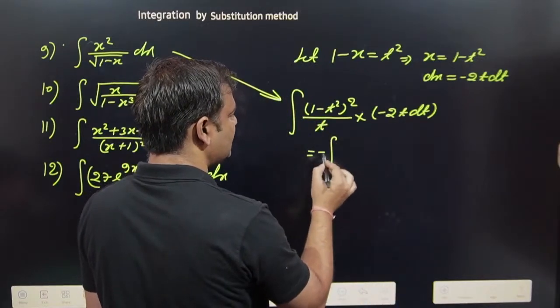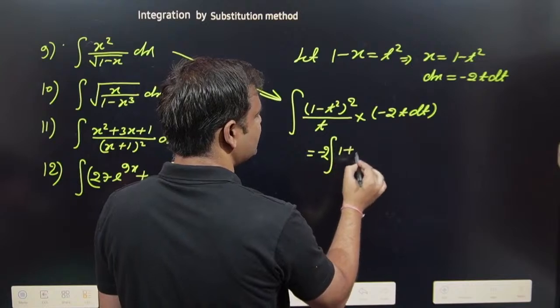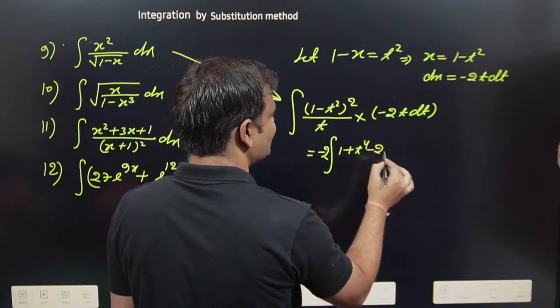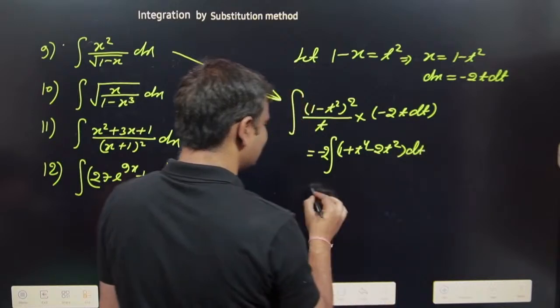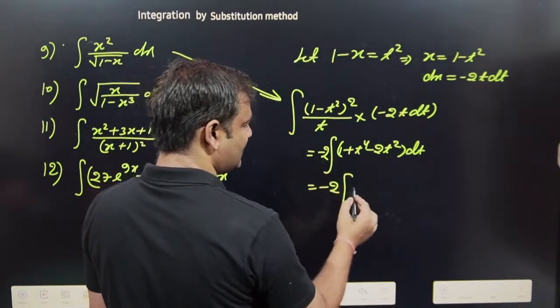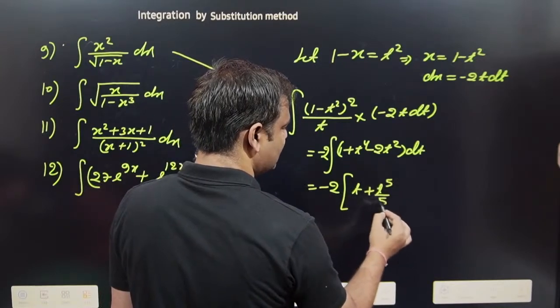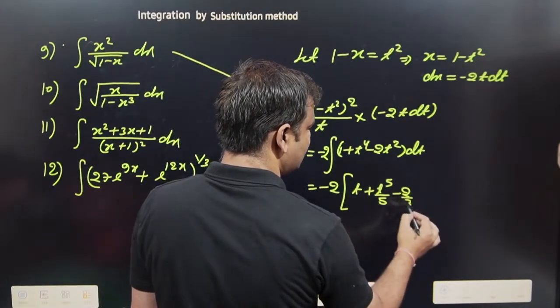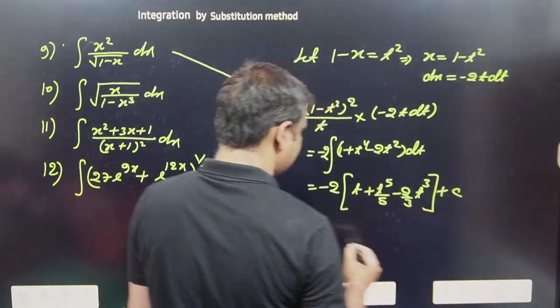After that minus 2, integral of (1 plus t to the power 4 minus 2 t square) dt, minus 2, integration of 1 is t, and here t to the power 5 divided by 5 minus 2 by 3 into t cube plus c.